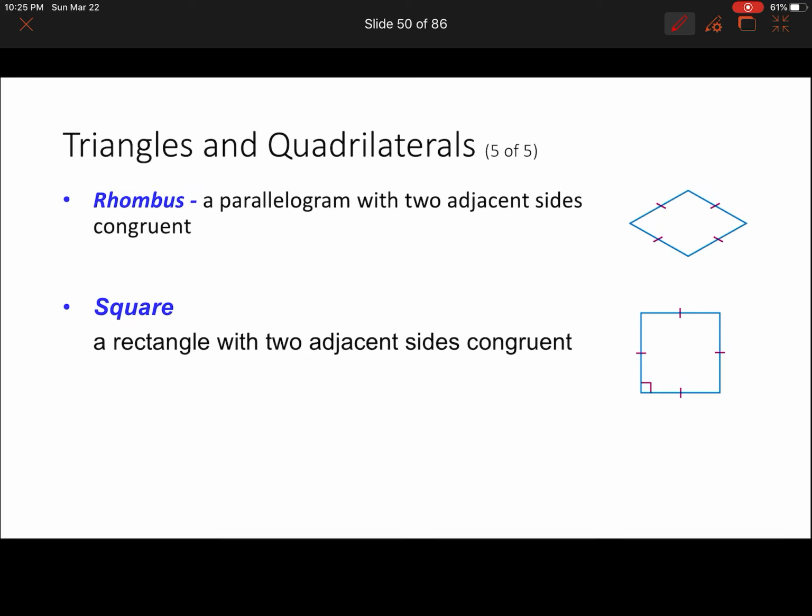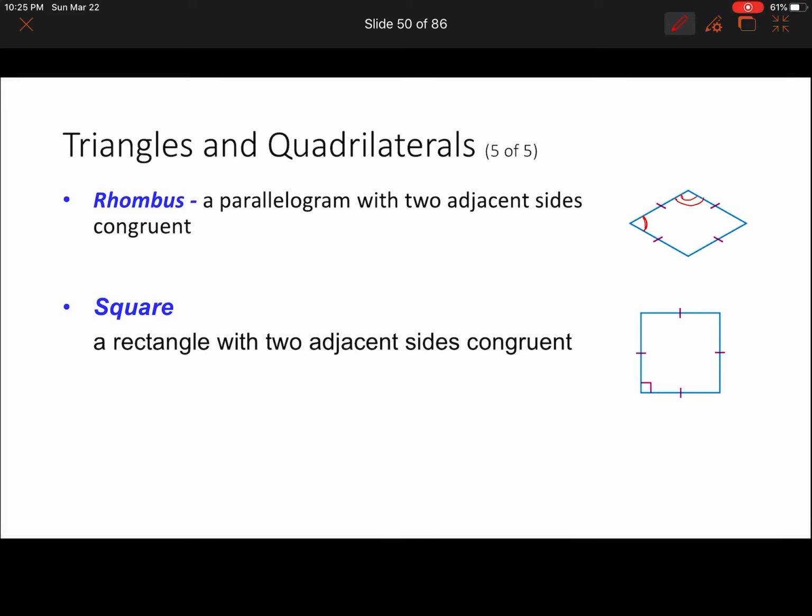A rhombus is going to have every side length be the same. That's really the key. It's not a square necessarily. Could be, but it's not necessarily, because you can see the angle measurements here are not going to be 90 degrees, but every side length is the same. And so it's going to be a quadrilateral with each side being congruent.